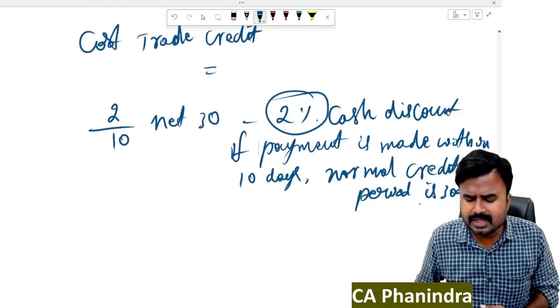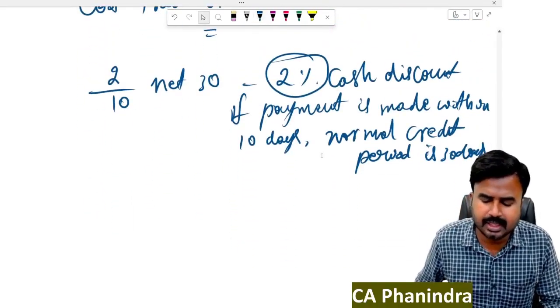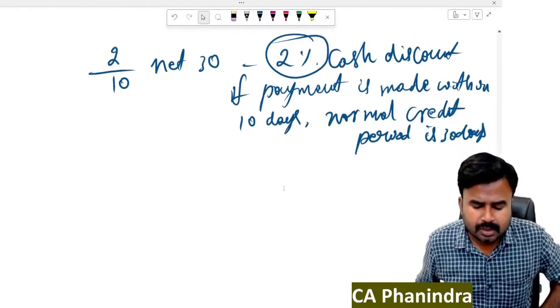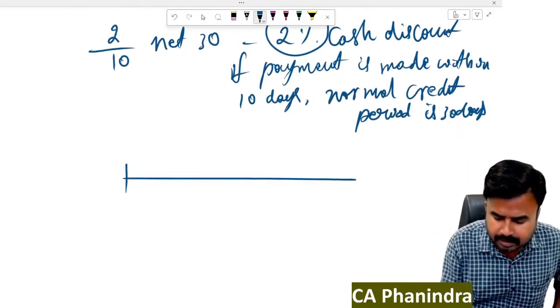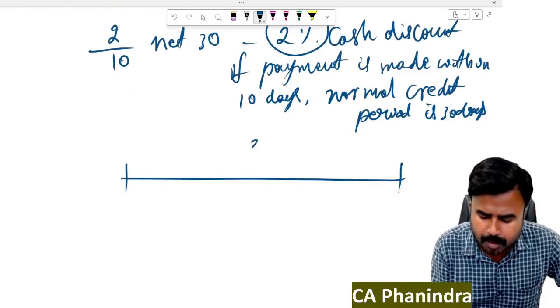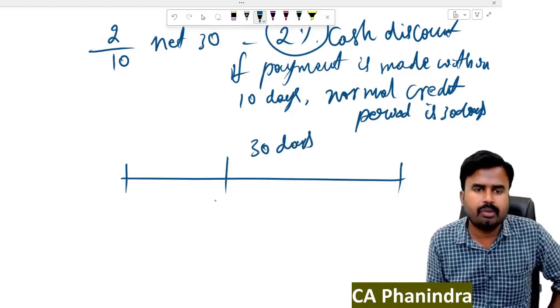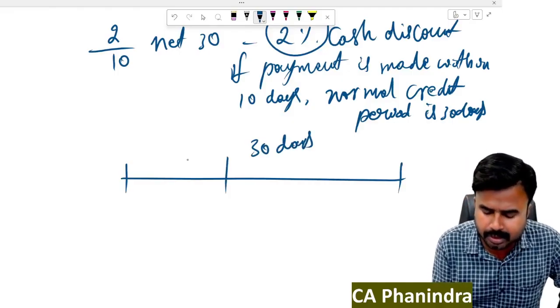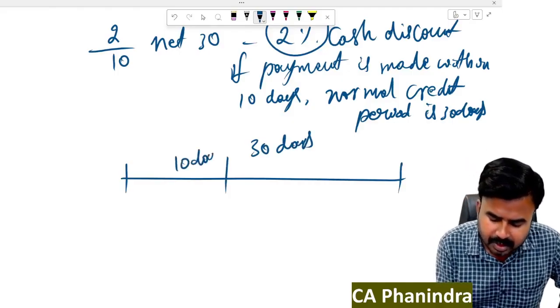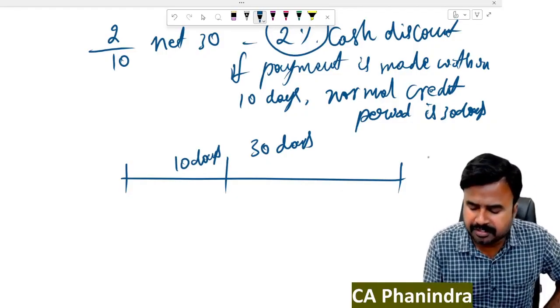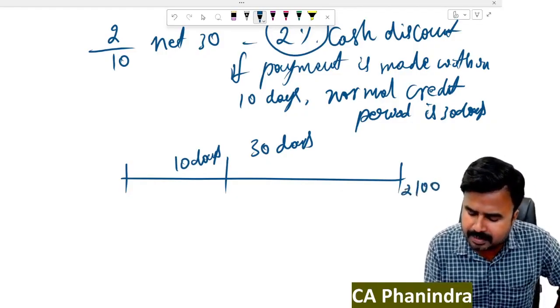So what is he actually doing? He is indirectly charging some interest cost. If you look at the term, the normal credit period is 30 days. If any of the customers is willing to pay the due within 10 days, the supplier is ready to offer 2% cash discount. That means after 30 days, you are supposed to pay 100 rupees.